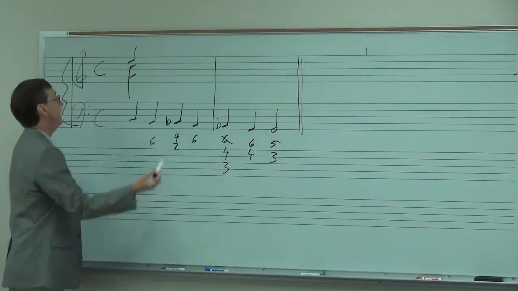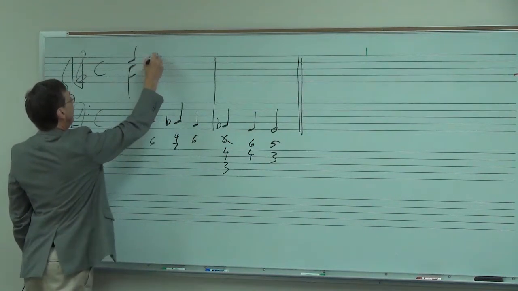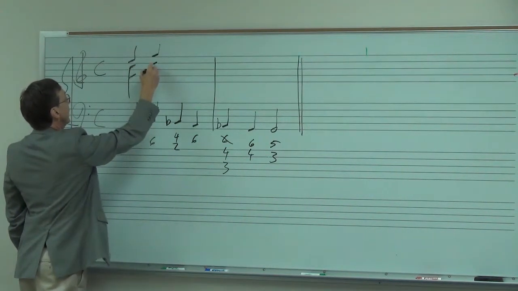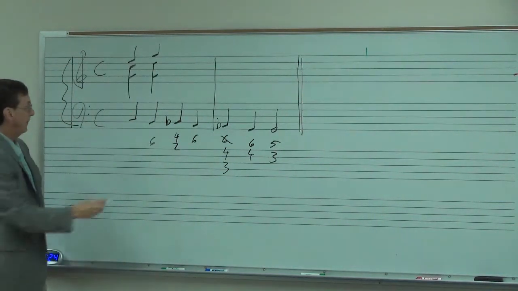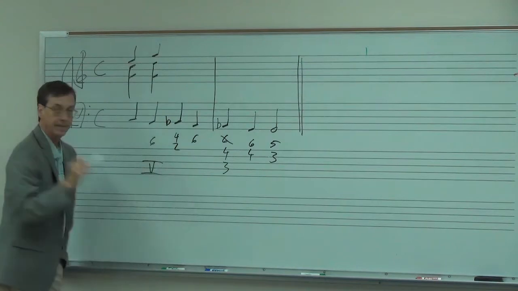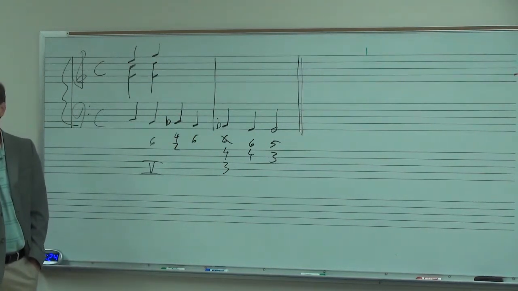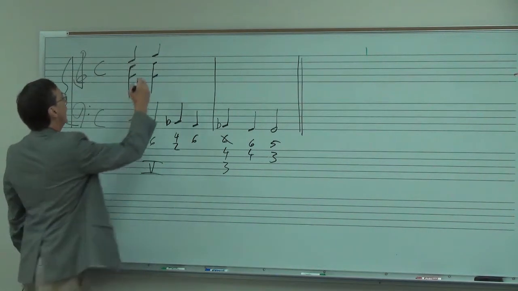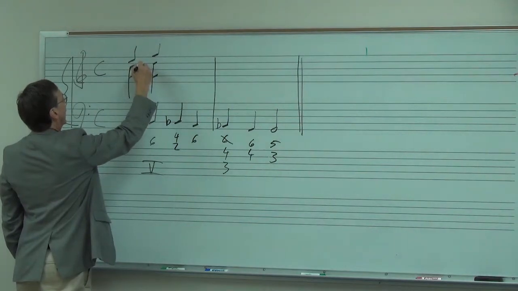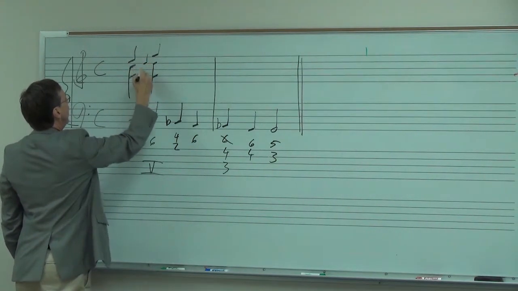Okay, what I would do here is definitely not double the bass note, because that's a 5 chord. Is it bad to double the G in the bottom octave? That C goes down to G as well, so you would have this.